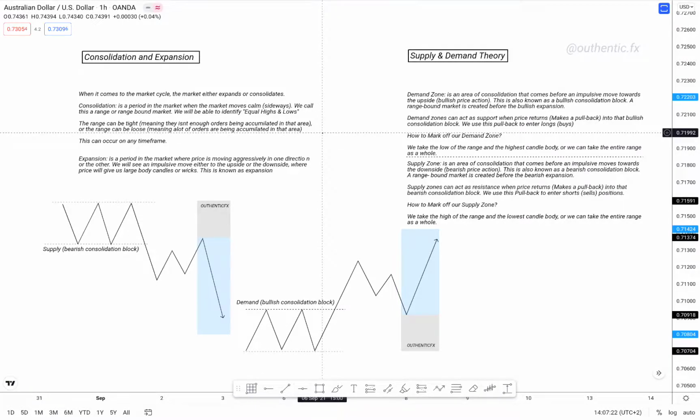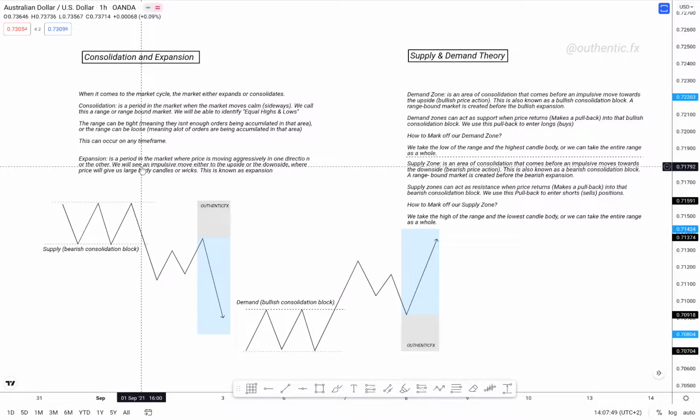The smaller it is, the less money is being dumped into it, right? This can occur in any single time frame, right? It just depends on what time frame you use to trade on. I personally use the 1 hour, 15 minute, and then the 1 minute for entries. Obviously, it's my style. You guys can choose whether it's the 4 hour or the 2H, whatever, it depends on you. And then from there, let's get into expansion, guys.